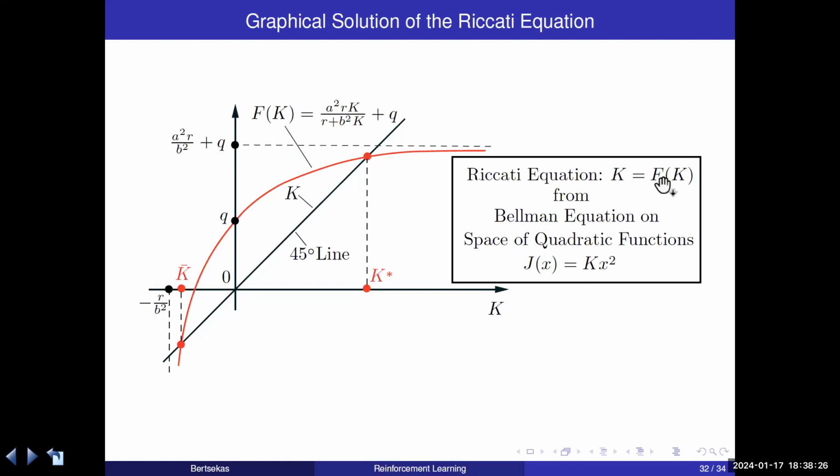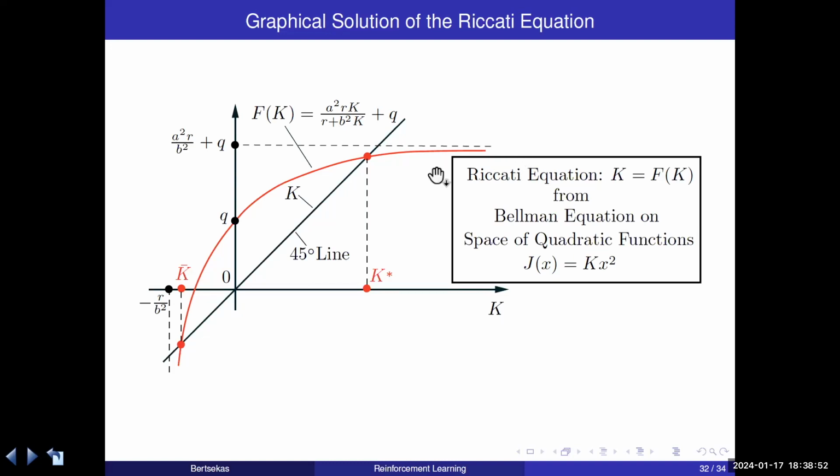K equals F of K, with F being this expression. It's a nonlinear function of K, right? Because K also appears in the denominator here. And it involves A, B, R, and Q. It's a typical form of the right-hand side of the Riccati equation.